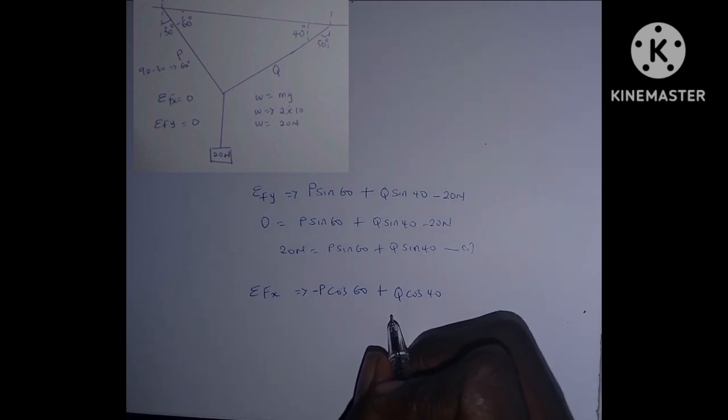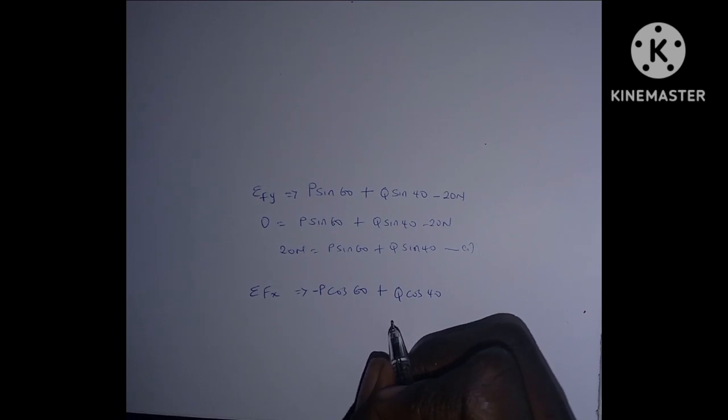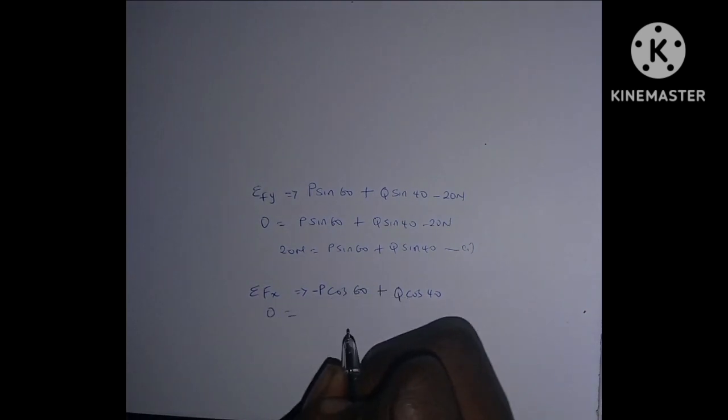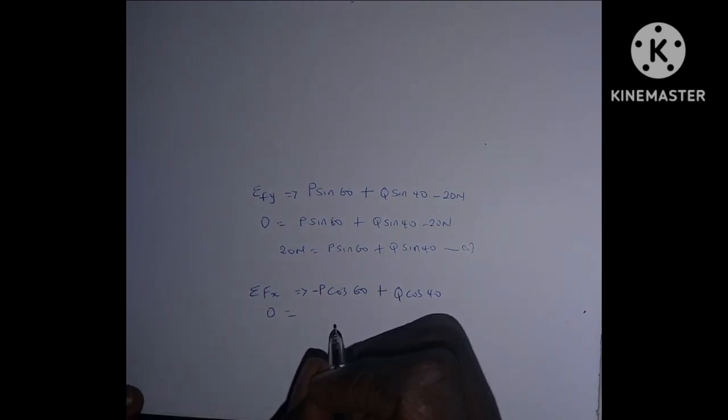Now this is very easy. 60 is falling on the left hand side of the x-axis, so therefore it will be negative, and 40 is on the right hand side. Therefore when we resolve it into the horizontal component, it will be positive. Now the summation of all the forces on the x-axis is 0, due to the fact that the system is in equilibrium.